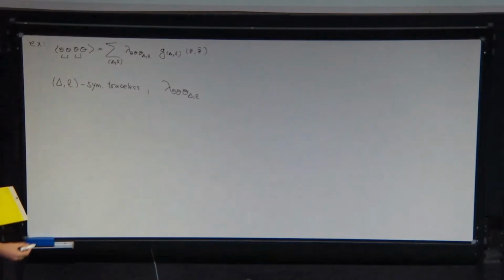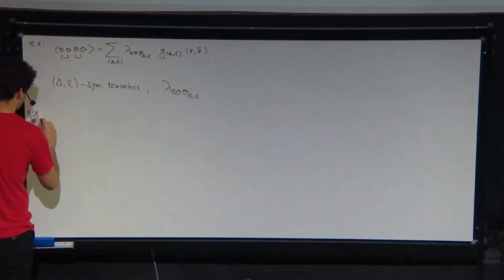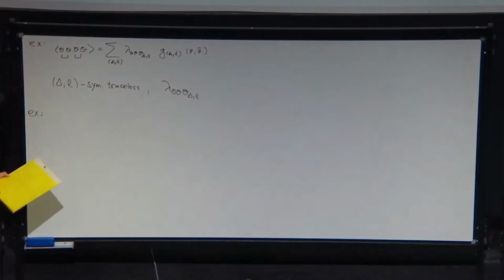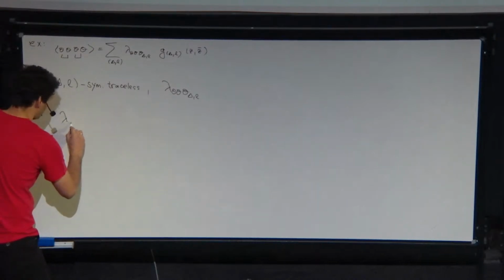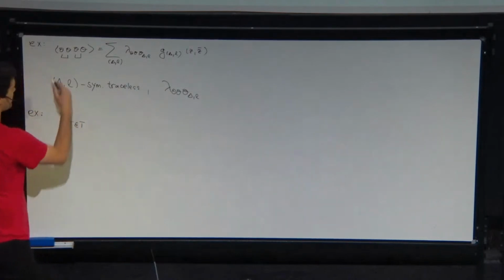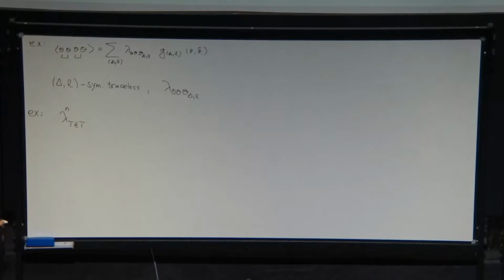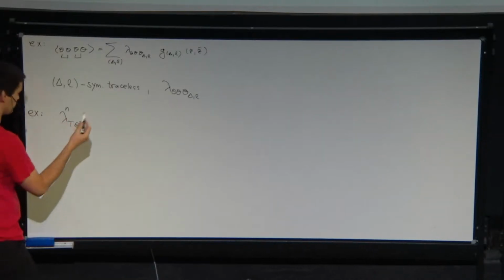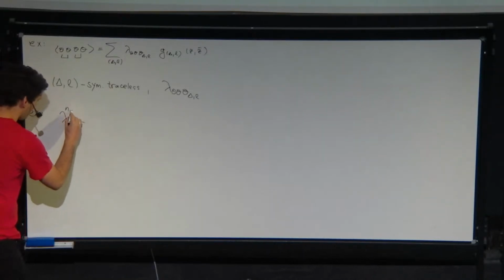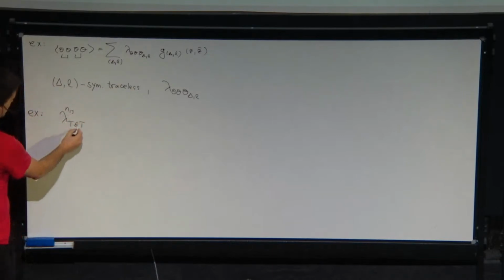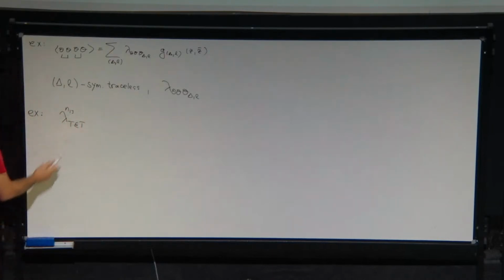All CFTs have other types of CFT data. For example, they have non-zero OPE coefficients of this type. Here I'm just writing correlators in the 3D Ising model, but this generalizes to pretty much any CFT. So this is the OPE coefficient where two operators are spinning.